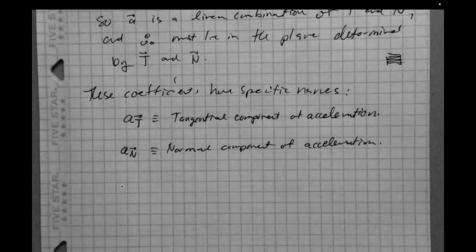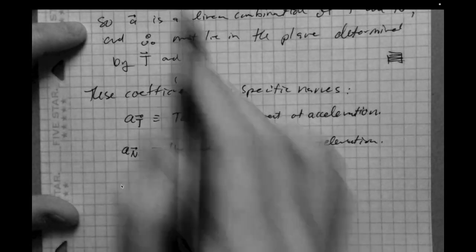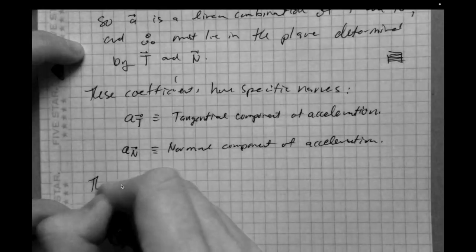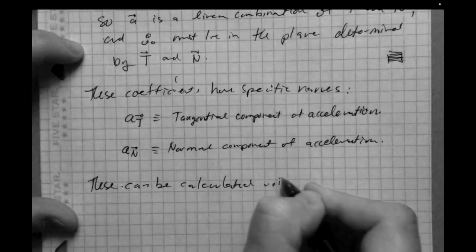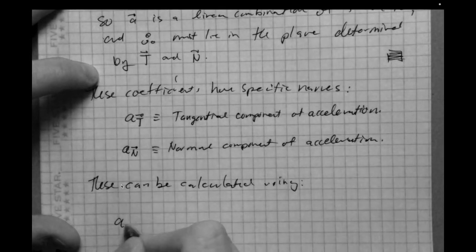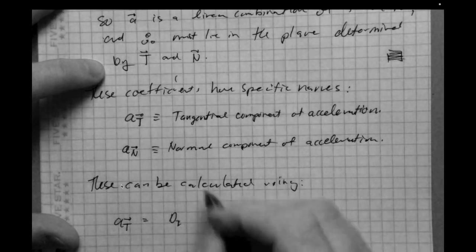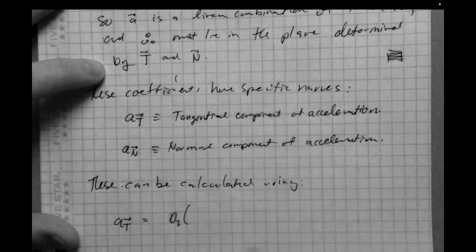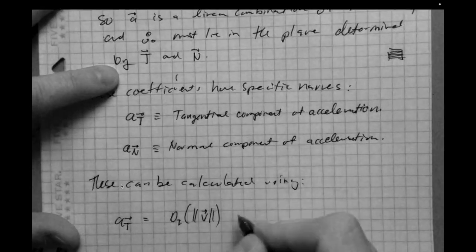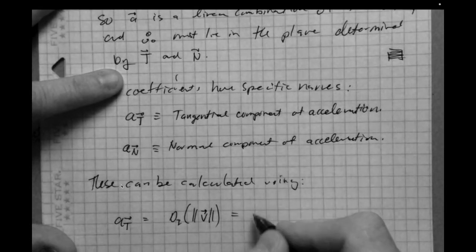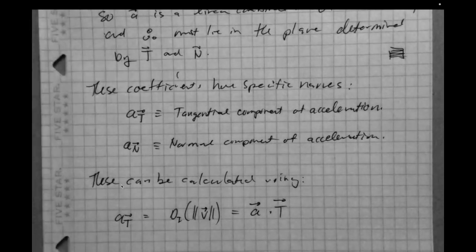Now these can be calculated in a more convenient way than going through this exercise. So a of T is equal to the derivative, as we saw above, and that one's straightforward, it's just the derivative of the norm of the velocity vector, which you can get to by taking acceleration and dotting it with the unit tangent vector.